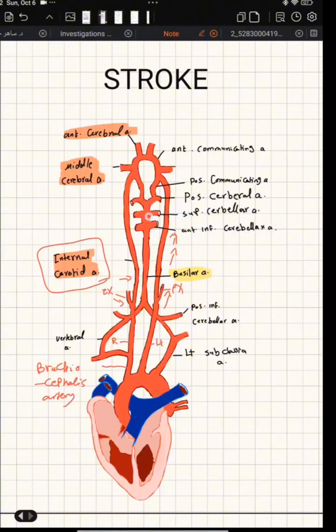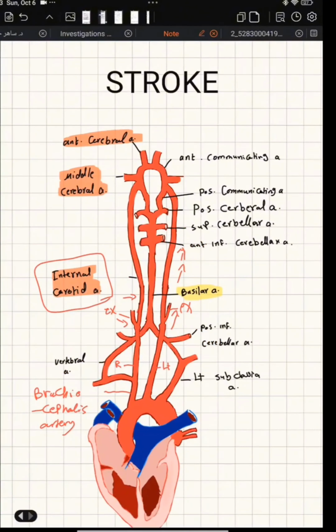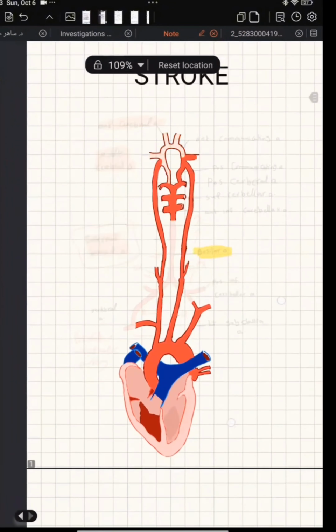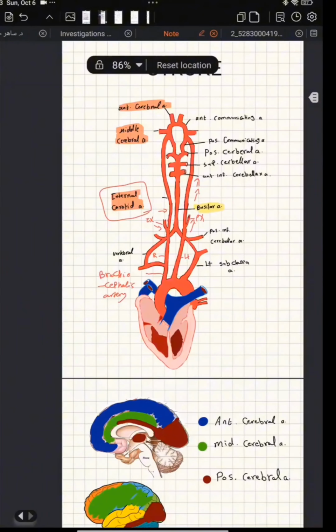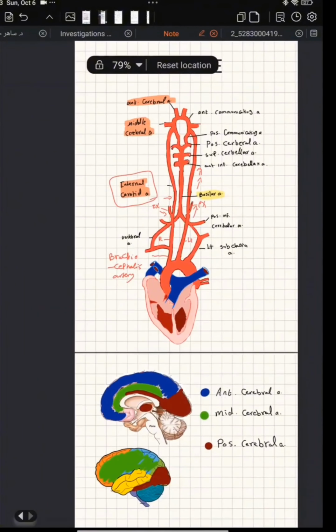It will also give, in both directions, the superior cerebellar artery and the posterior cerebral artery, which will unite with the posterior communicating artery, a branch from the internal carotid artery. Okay, and now the circle of Willis is completed. So this is the basic anatomy of the blood vessels and blood supply of the brain.